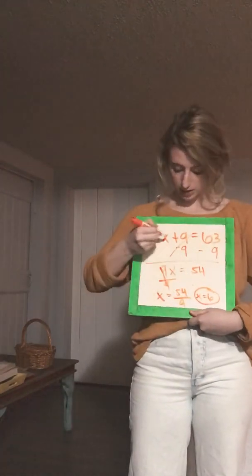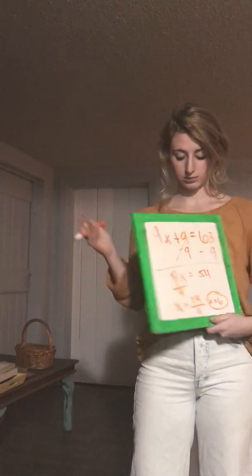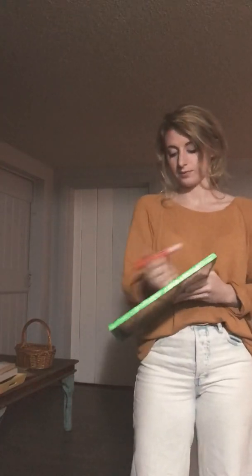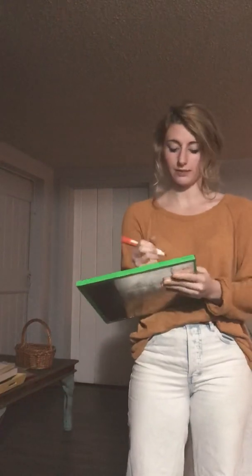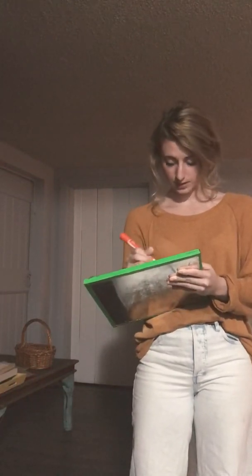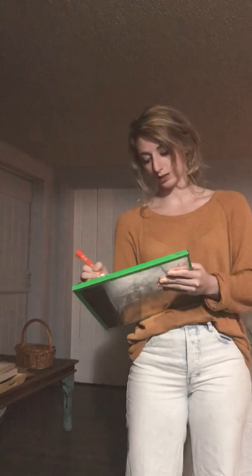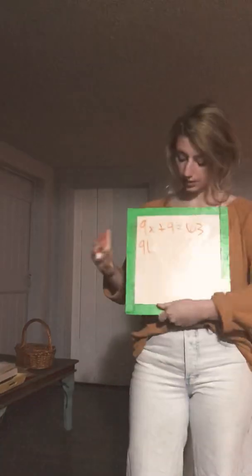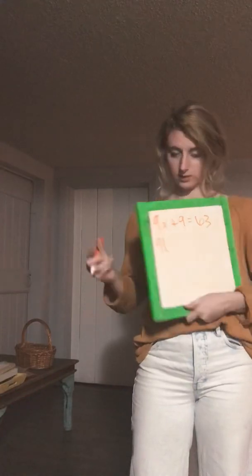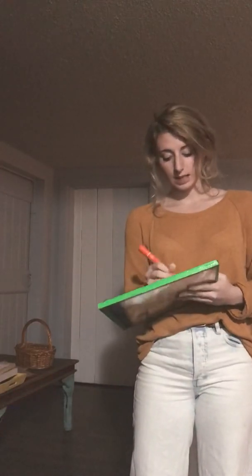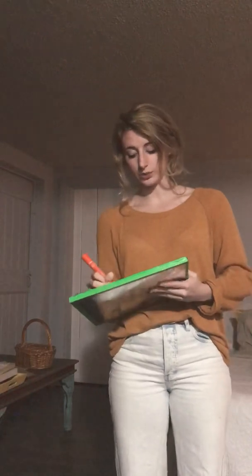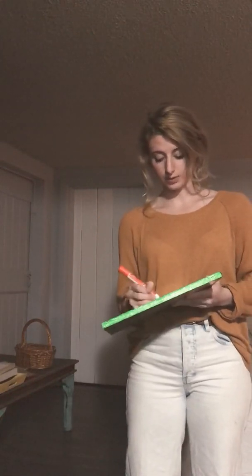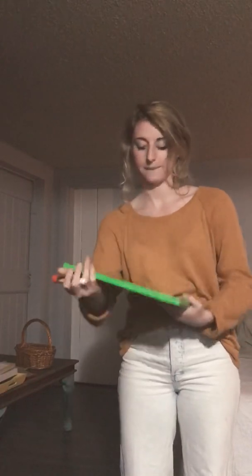Now we're going to plug that in up here and check our answer. So we have 9x plus 9 equals 63. Now I need to plug in our 6 right here where this x was. 9 times 6 plus 9 equals 63. 9 times 6 is 54. 54 plus 9 equals 63.